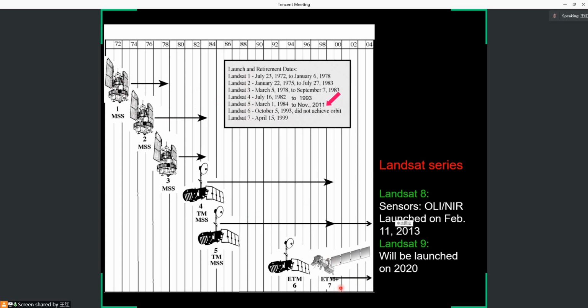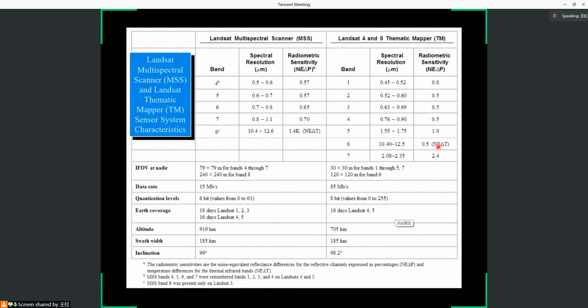So it's very good for change detection and monitoring.